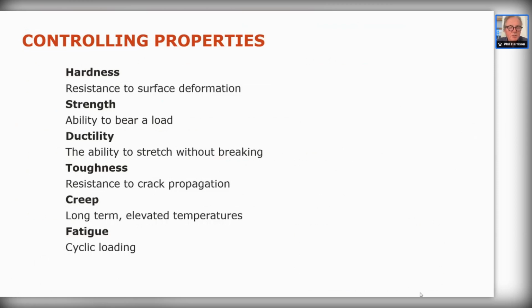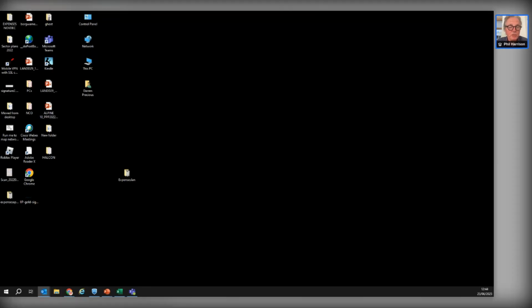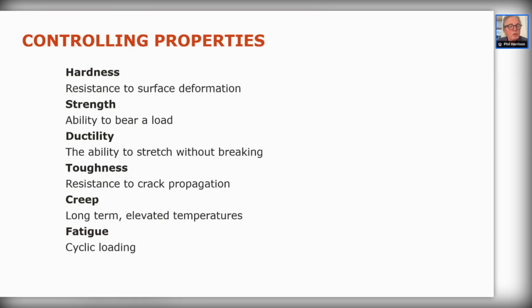You take off the load at any point in this zone, and the material will return back to its original shape. It goes beyond a point called a yield point. Once it's beyond this yield point, it actually changes in behavior to become what's called plastic deformation. The plastic deformation that we have is permanent deformation of the material.